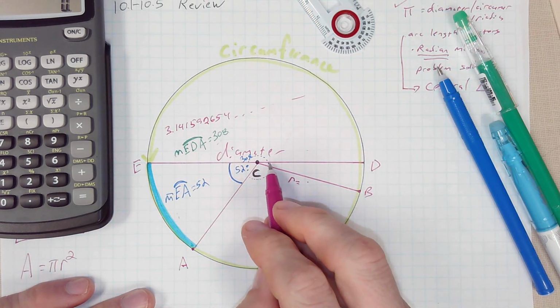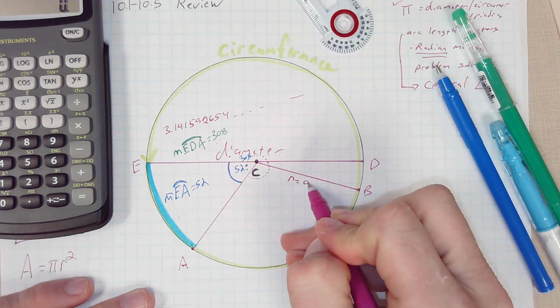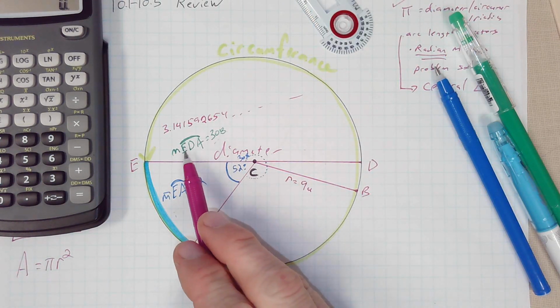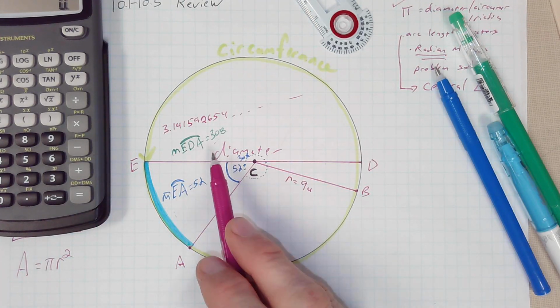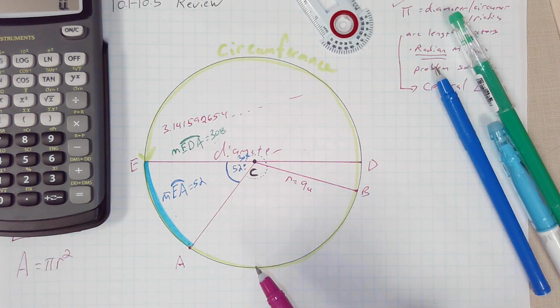Actually, it's 9. 1, 2, 3, 4, 5, 6, 7, 8, 9. Yeah, 9. It's 9 units. Okay. So, what is the actual length of the minor and the major arc length? Okay. Well, it's pretty easy.